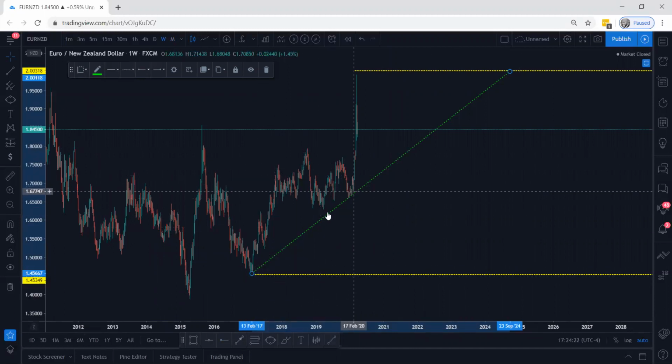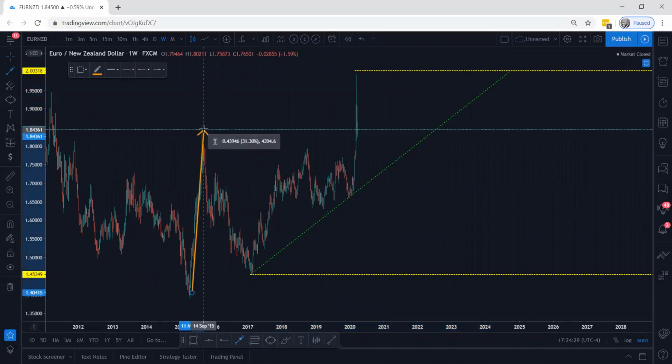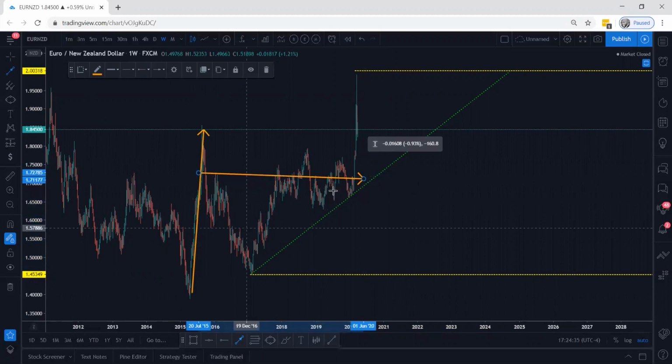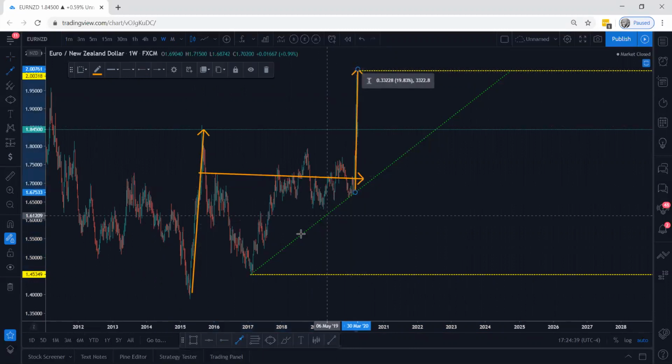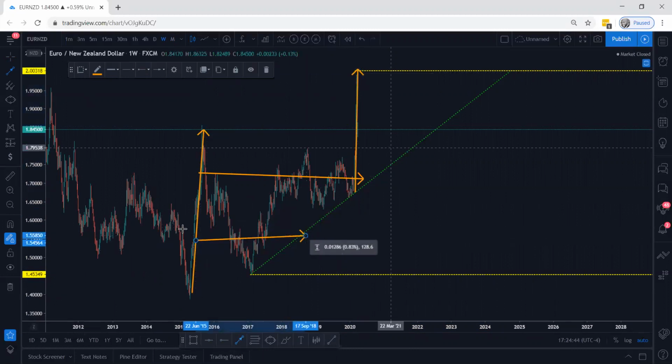Every time price comes to this area, it rejects. And you can even see here, we had an impulse. Correction. Continuation. So overall, we're in an uptrend.